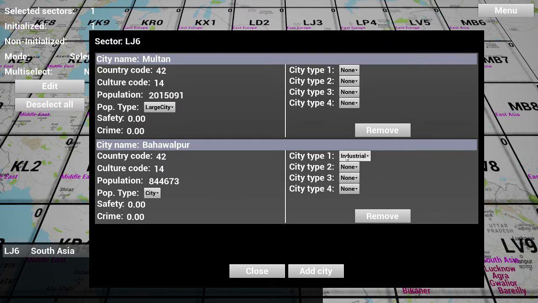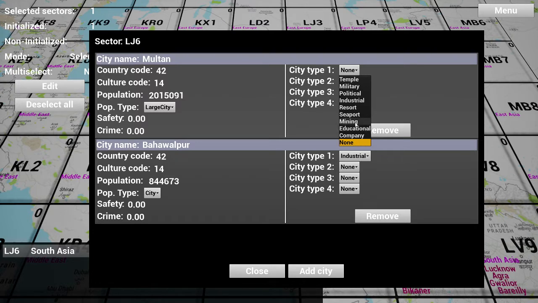But if you look over here on city type, there are four different slots for city type, and each city is either a company city, which means one particular company is predominant in that city. Educational city, which means their main thing is universities and colleges and things of that nature.